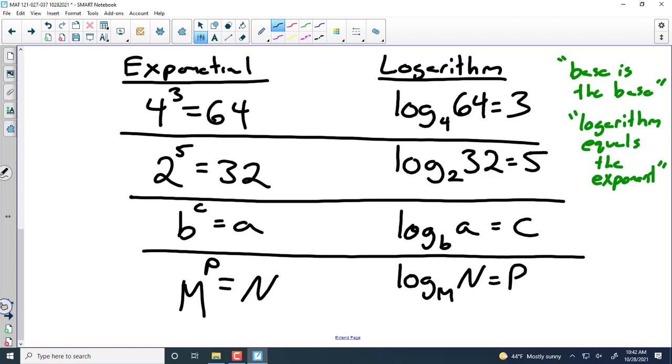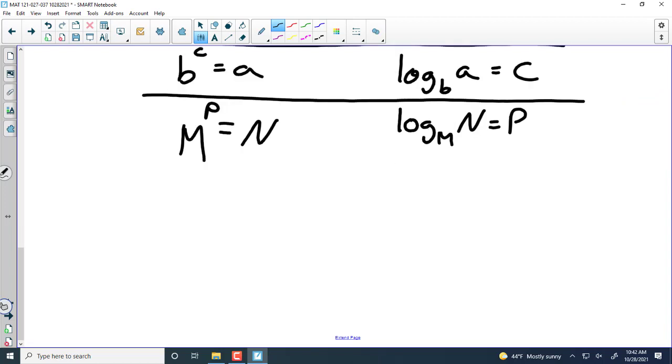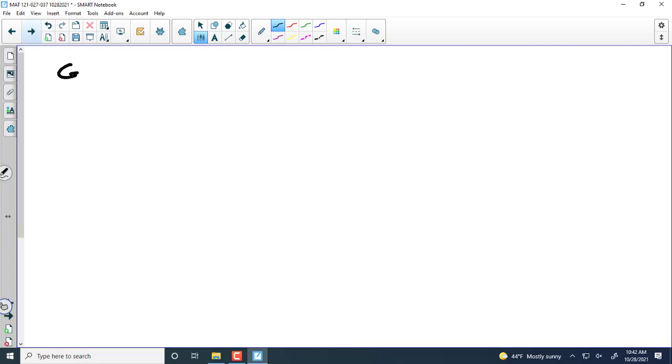It's important to be able to go back and forth between the exponential form and the logarithmic form. Because what this will allow us to do, well, let me just say this.